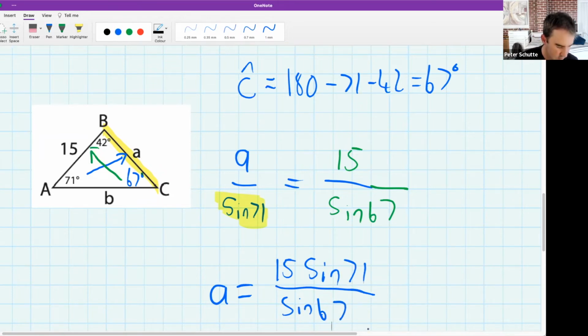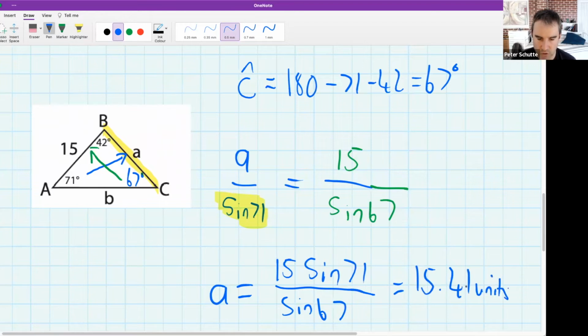Actually, let me do this one for you guys this time. So 15 times the sine of 71 divided by the sine of 67. And you should get 15.41 units.